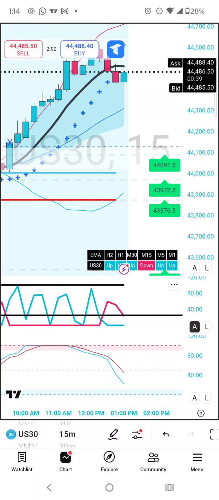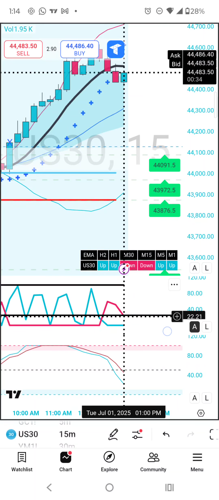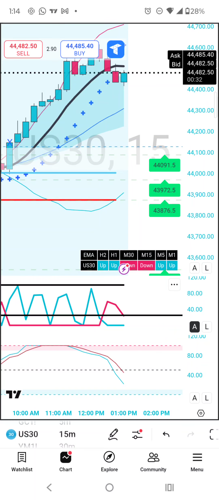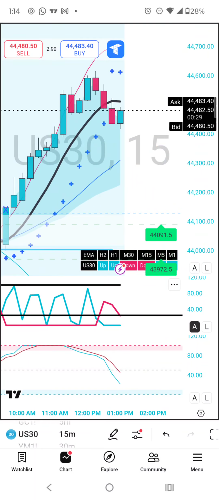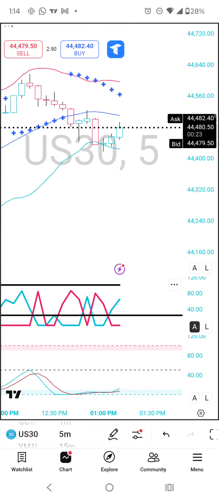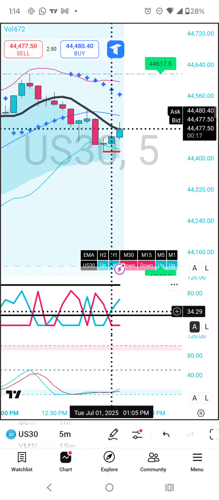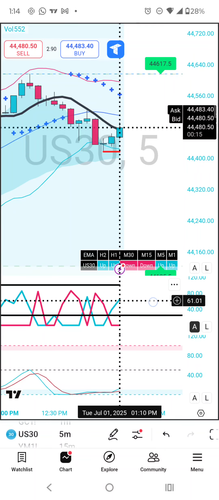Same thing here, right? The sellers are going home for a second. New trend down. Let's see. 5-minute was oversold. ADX was here, came out here.